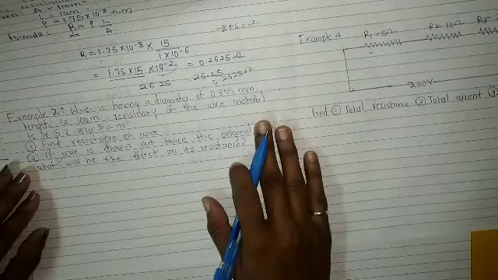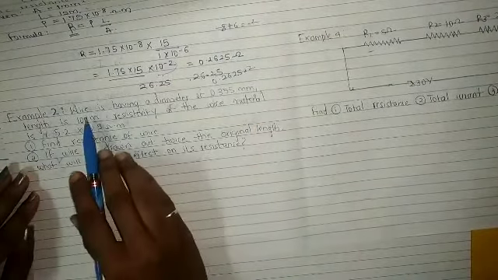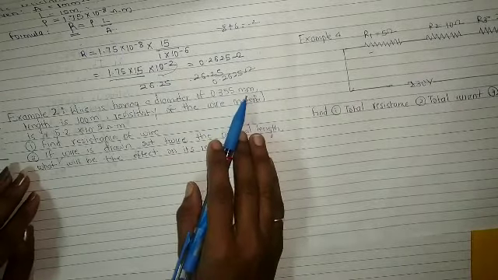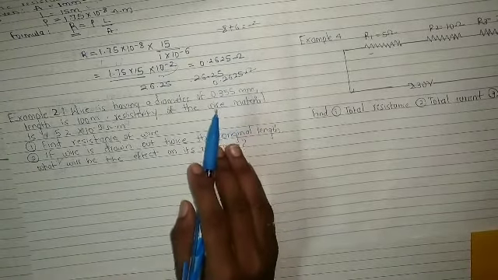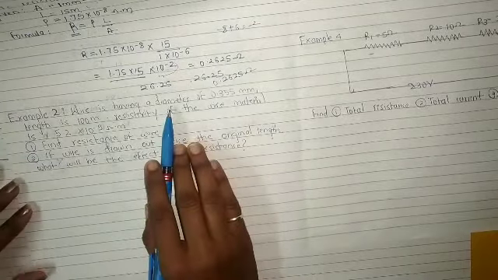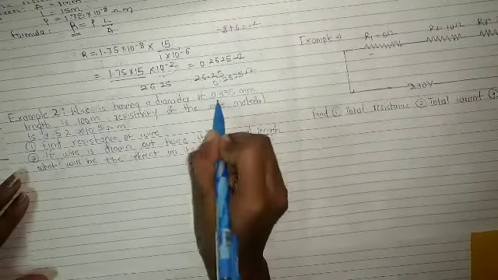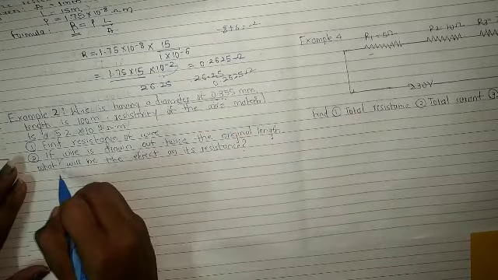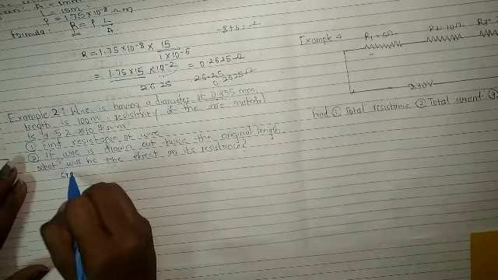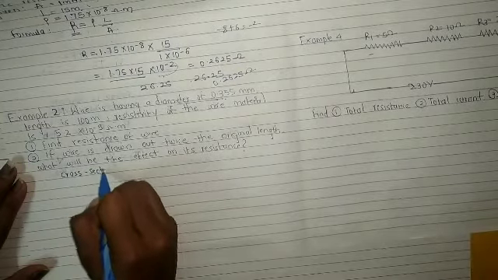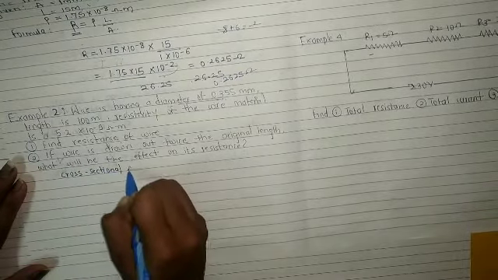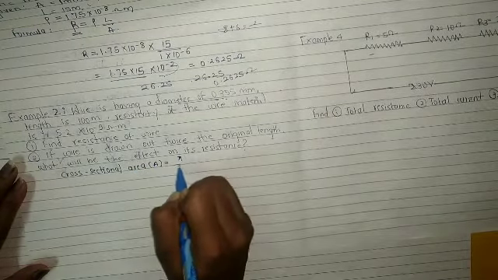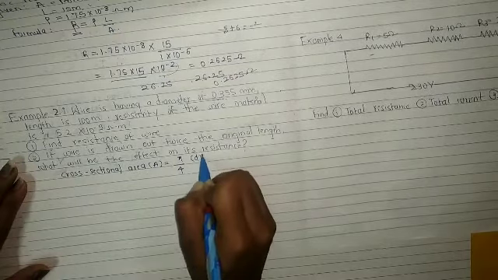So now to the next example. They have given the wire is having diameter of 0.355 mm. That means here they have given the diameter, so from this diameter we have to find the area of cross section. We have the formula, cross sectional area A has formula pi by 4 into d square.